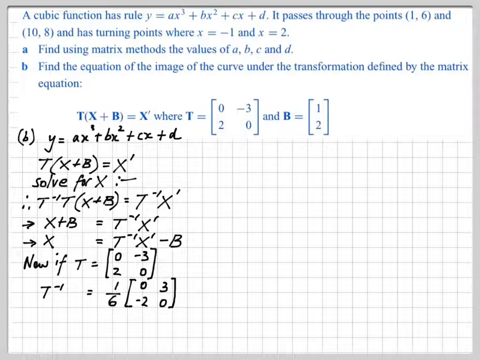The minus 3 and the 2 become plus 3 and minus 2, if you know what I mean. Okay, that's the inverse of t. Now I think we're pretty right to go. I just simplified it a bit. I put the sixth outside, inside. Now, what am I going to do now?